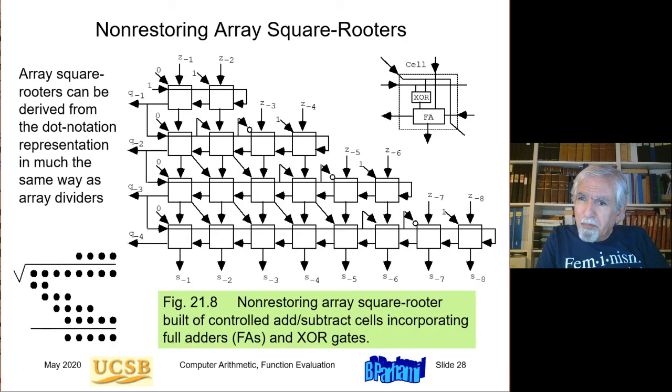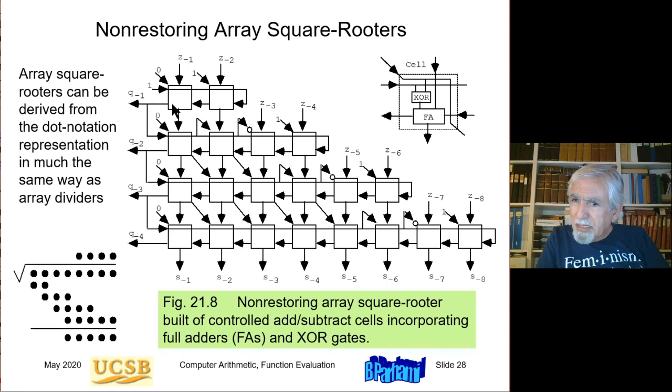Okay, we also have array square rooters. This array square rooter is based on non-restoring algorithm. And the cells that you see here are basically controlled adder subtractor cells. So if this signal is 1, we do subtraction, we complement that. If this signal is 0, we do addition.